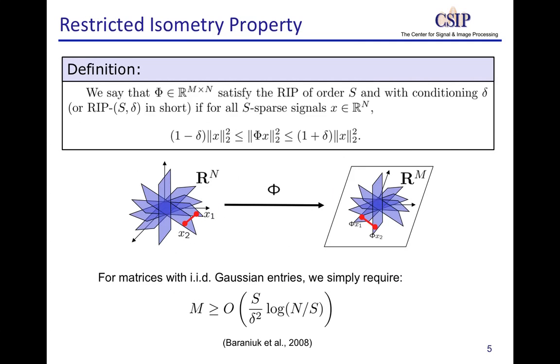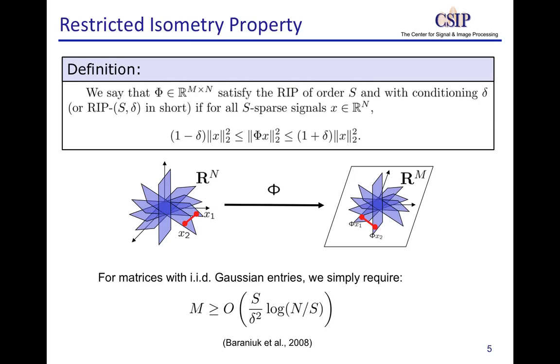Okay, so the success of this type of L1 minimization is tightly related to this notion of the restricted isometry property. So what does this mean? This means that for all S-sparse signals, if you pass them through this operator phi, they preserve their norm, and in particular distances between points are preserved. So two points are close in the image of phi if and only if they're close in the domain.